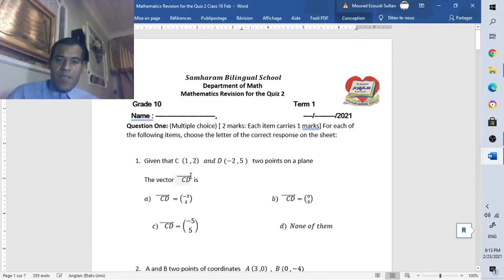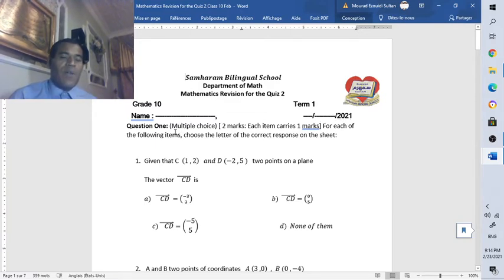I will just make this very big. Okay, so here: Samaharam Bilingual School, Mathematics Revision for Quiz 2, class grade 10, term 1. Today is 23 February 2021.